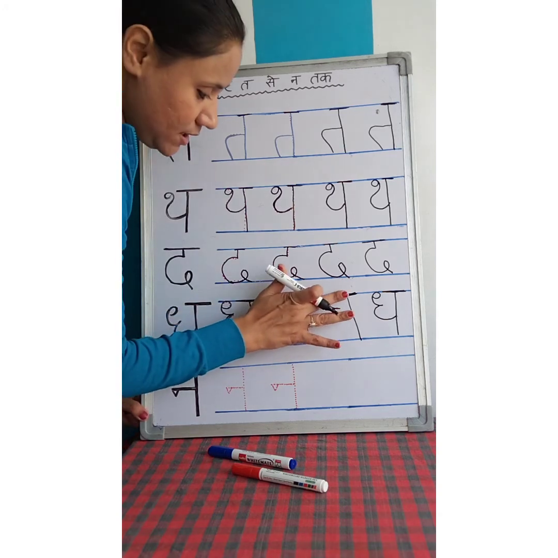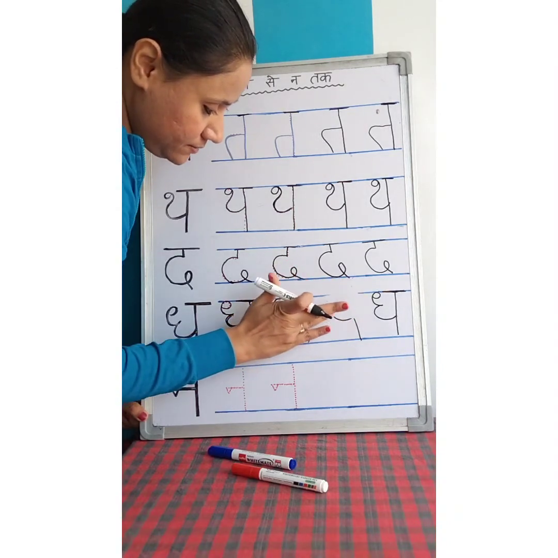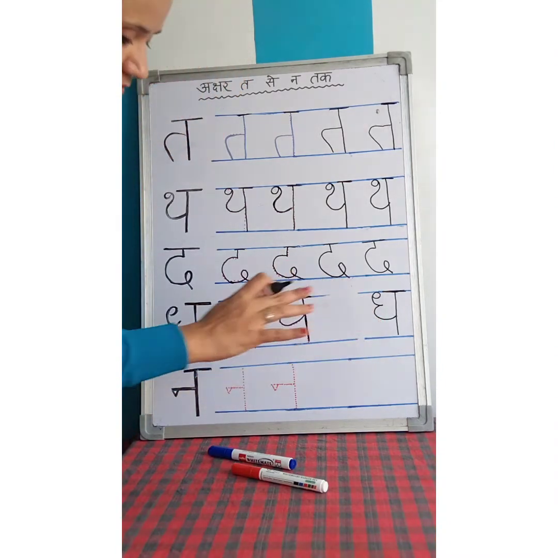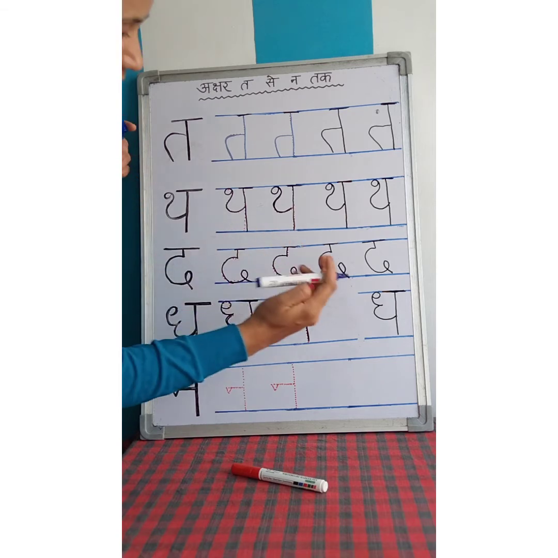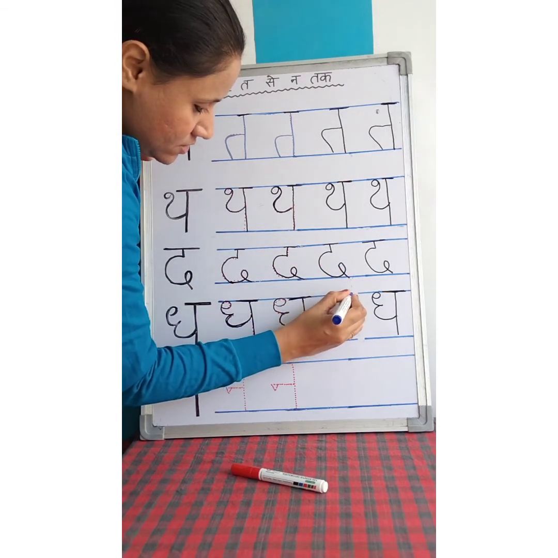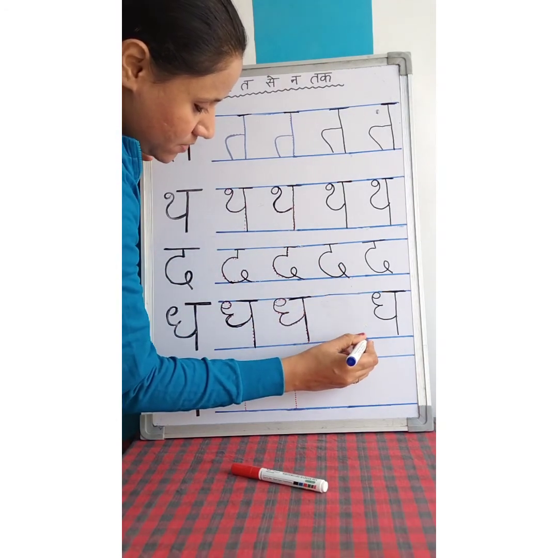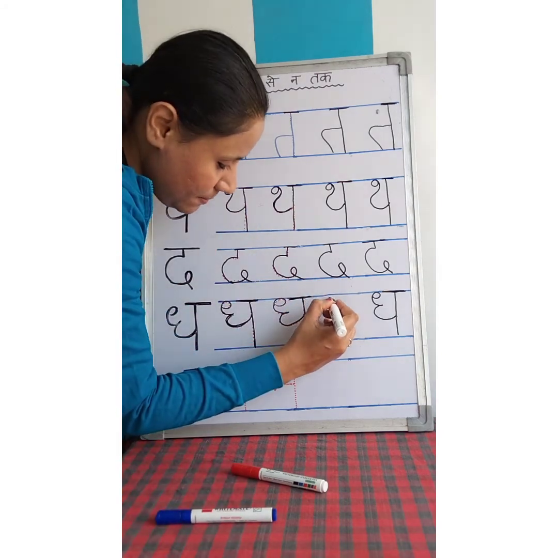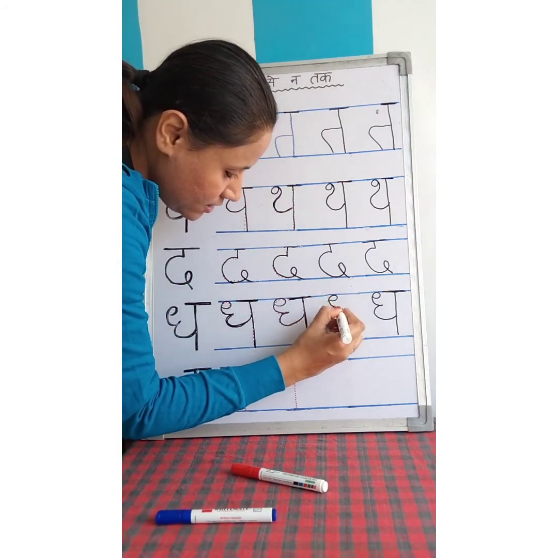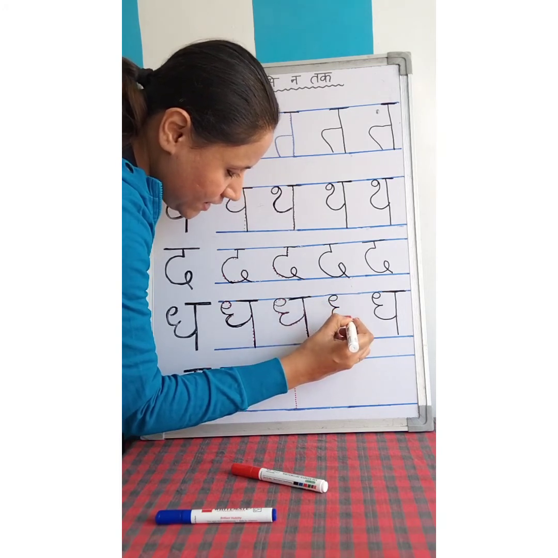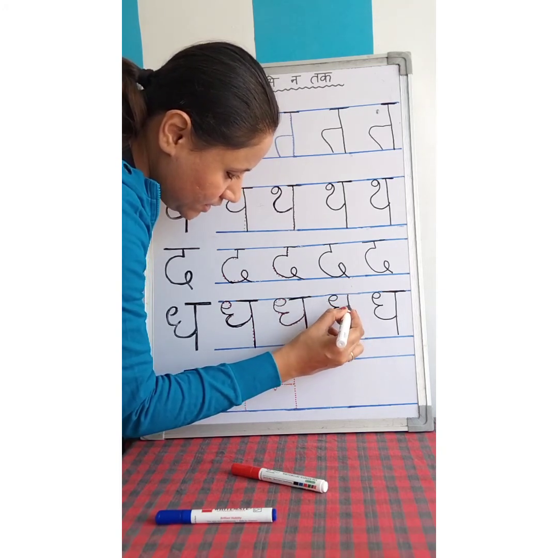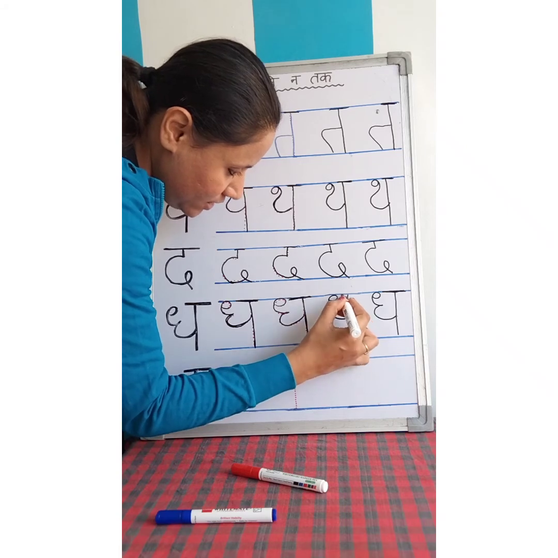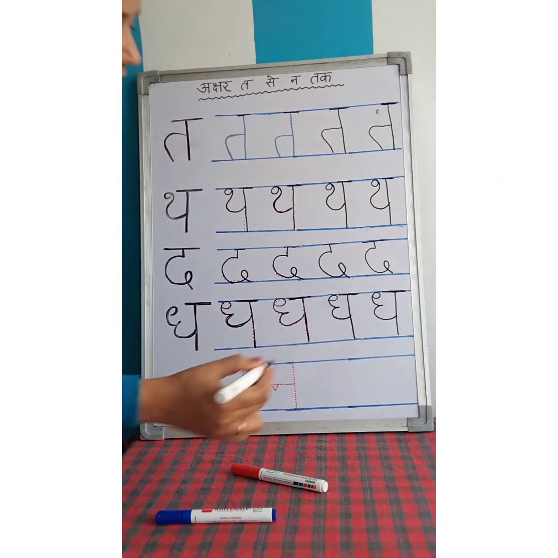Now this middle dha has become a little tilted, so we'll do it again. Let us see it again. So students, you know how to make gha. It will be very easy for you to make dha as well. Dha se dhanush. Circle, two curved lines and standing line and an overhead sleeping line.